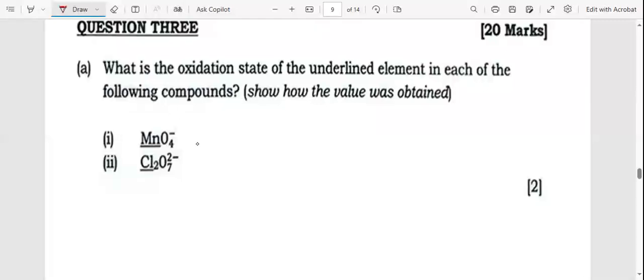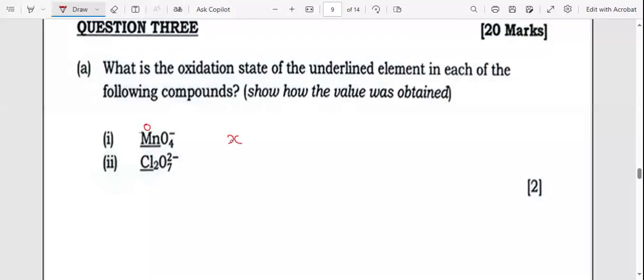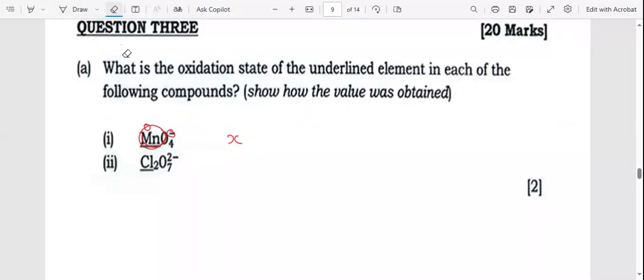Anyway, we continue. What we are going to do now is calculate the oxidation state of each. So you get this element and say X. The overall compound has a charge of -1.